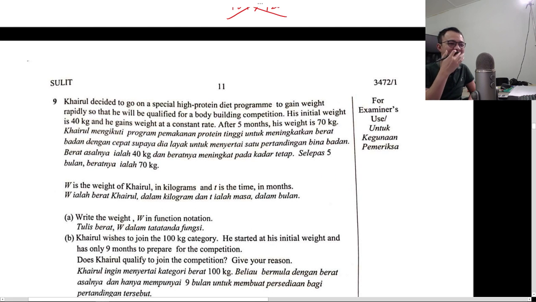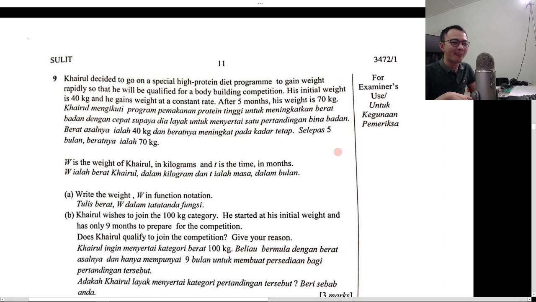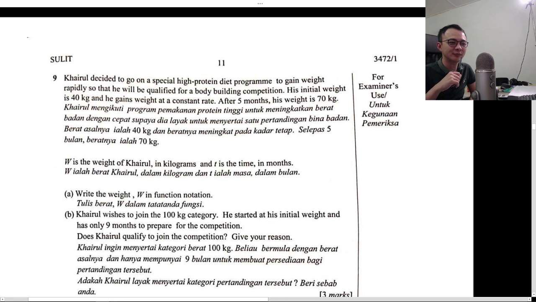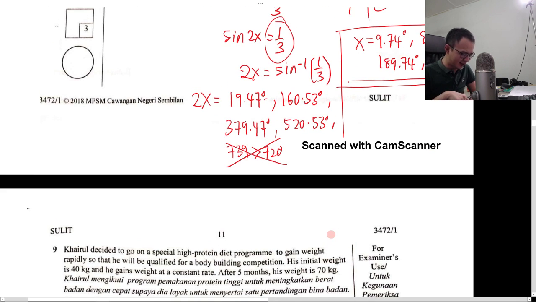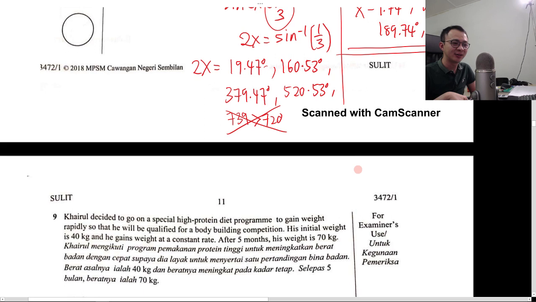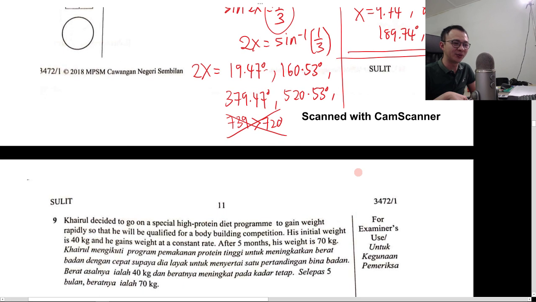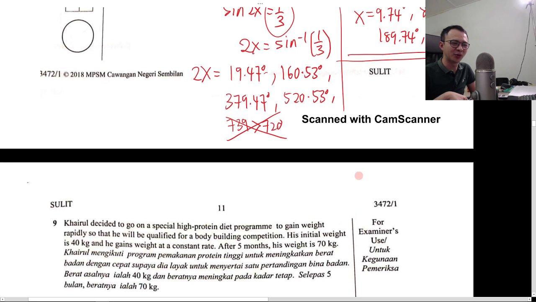Can I skip finding 2x? No, you can't skip. You need to find the 2x, then only you can find x, right? For the second cycle, yes, it's 360 plus x, 540 minus x, which is correct. You can write 19.47 degrees to 19.28.